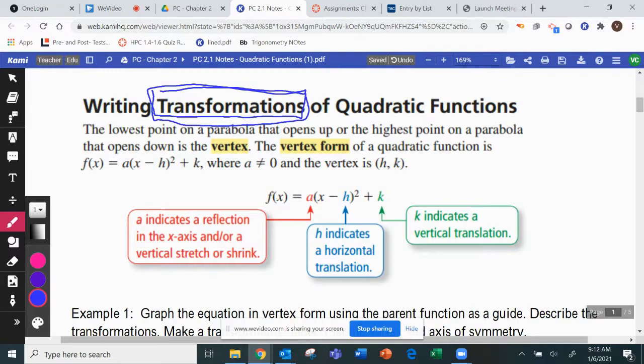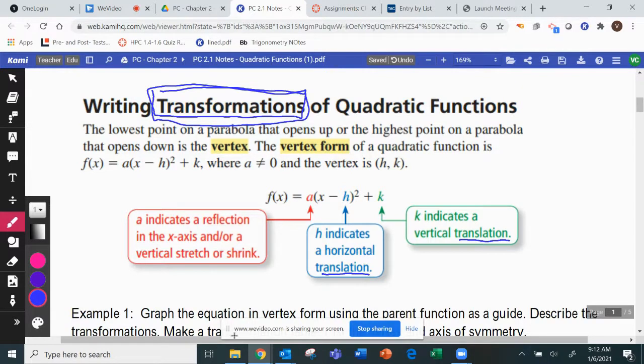When it's in vertex form, the vertex is the h and the k. But the h and the k are also transformations. The h is a horizontal translation. The k is a vertical translation. Translation meaning sliding. So h would go left or right, k would go up or down.